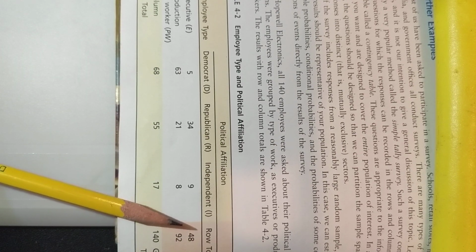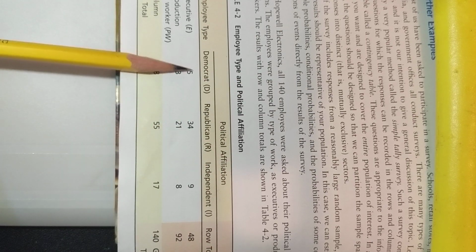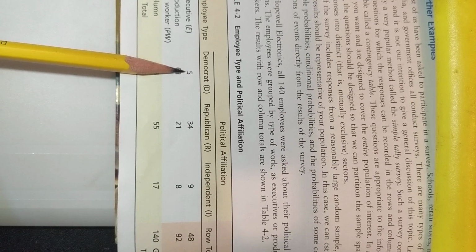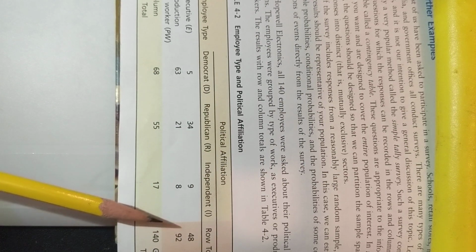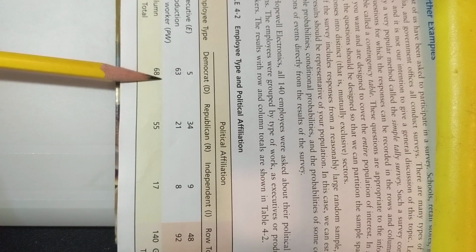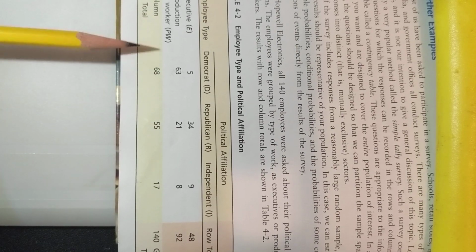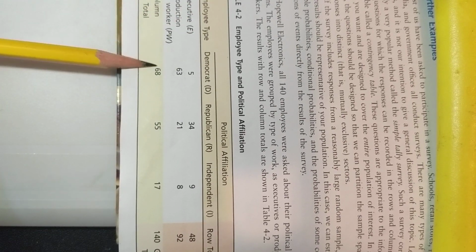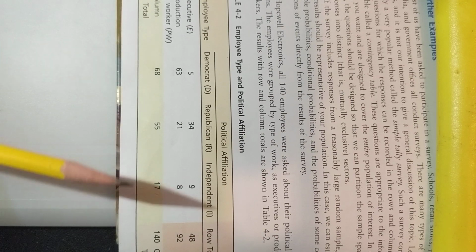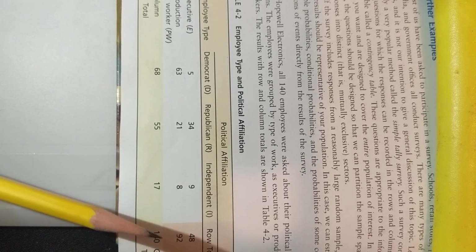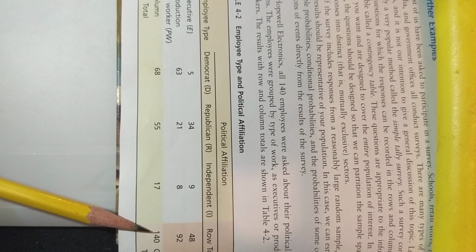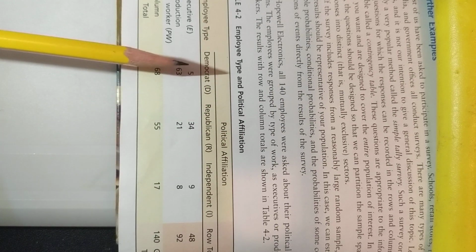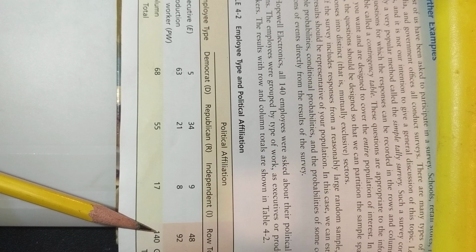So are these mutually exclusive or not? Can they happen at the same time? Well, they did happen at the same time. Right here, they are both Democratic and they are executives. And since we counted them in the number of 68 and we counted them in 48, we must subtract that overlap from one of those two numbers. So the way your math would look is 68 out of 140 plus 48 out of 140 minus 5 out of 140.